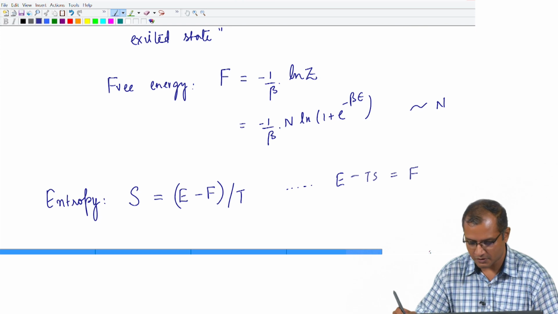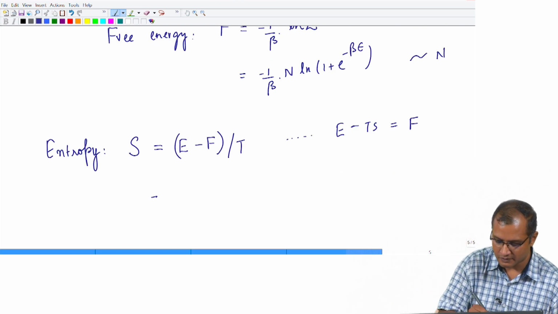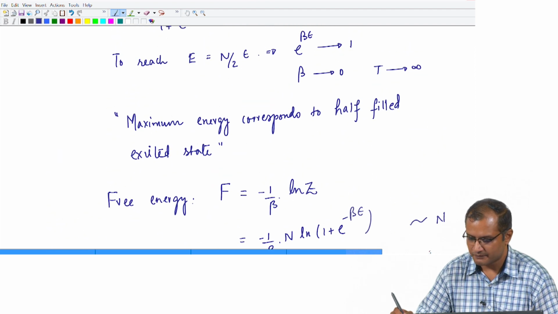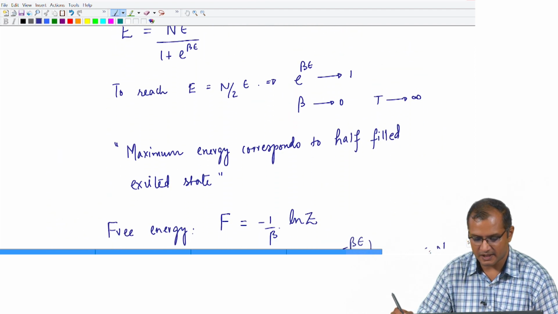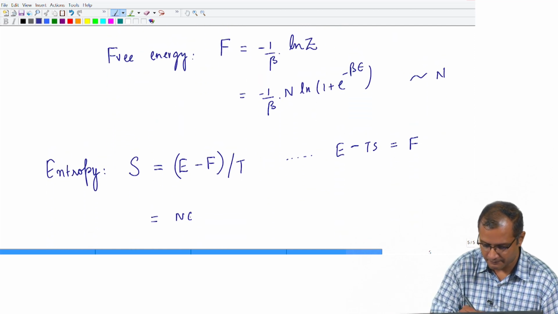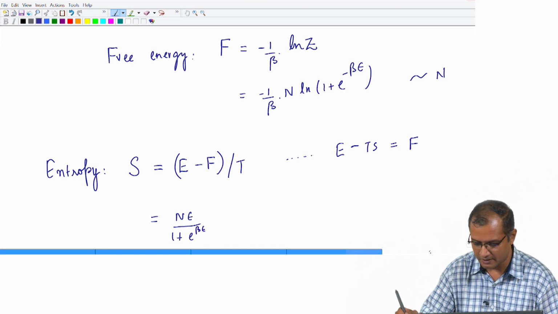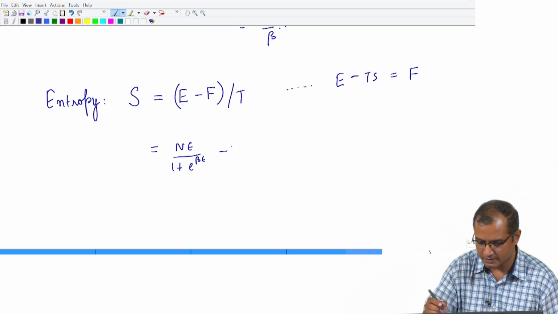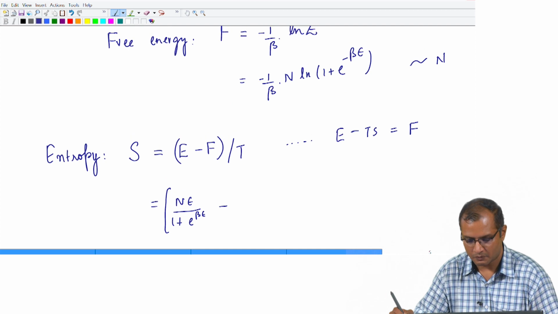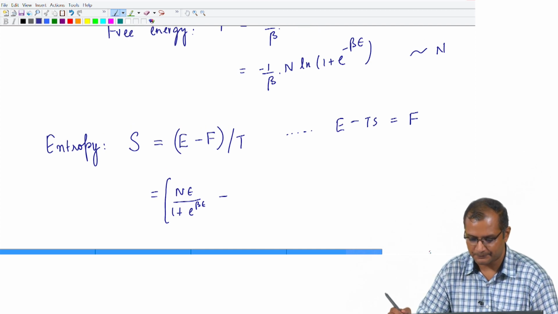Okay. So, substituting the value of E and F here, if I write down energy which is N epsilon upon 1 plus e raised to beta epsilon, this is my energy, minus the free energy which is already minus 1 upon beta.